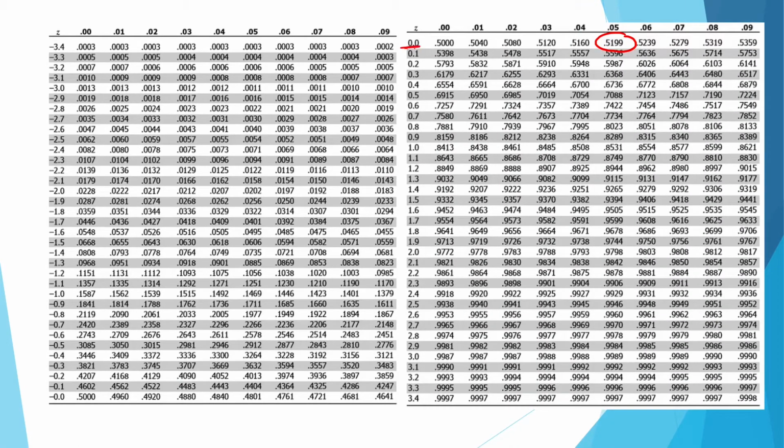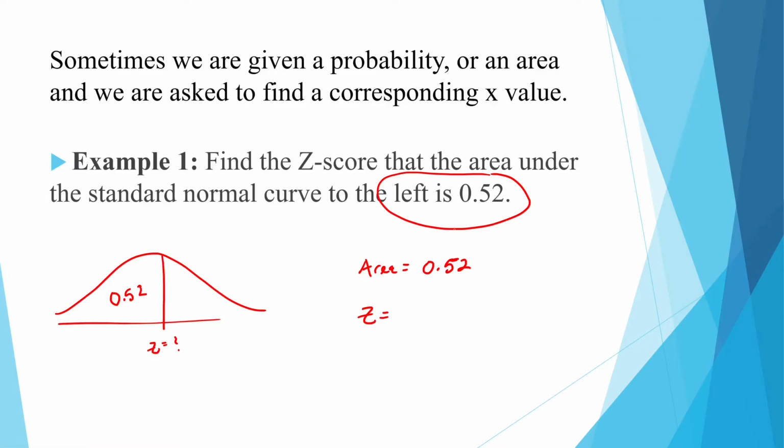So the z-score, if you look at the row and the column, is equivalent to 0.05. So our z-score is 0.05. This is the z-value that will give us an area to the left of 0.52.